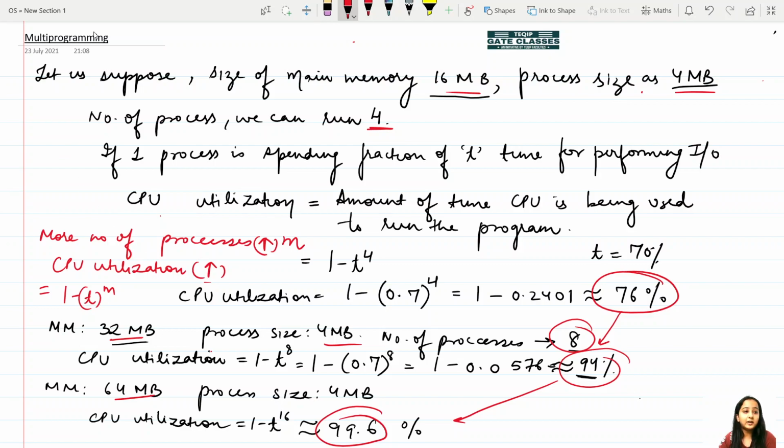Ultimately, the degree of multiprogramming will also increase. I think this concept is clear to you. So let's move to the memory management techniques.